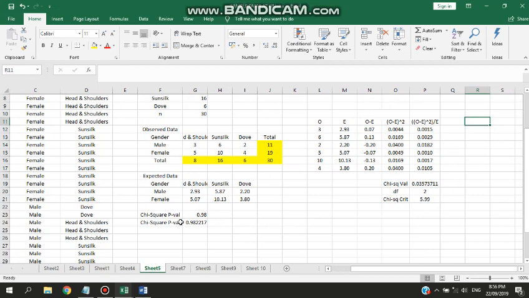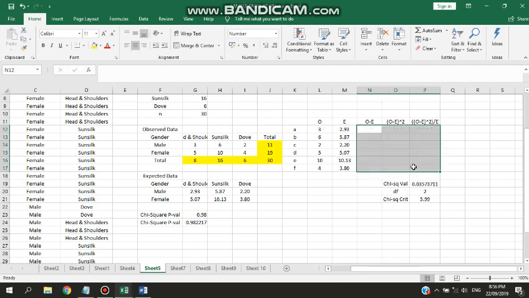For example, the observed data is arranged by column, labeled A, B, C, D, E, F. For expected data, it's the same way here. Then observed minus expected data.